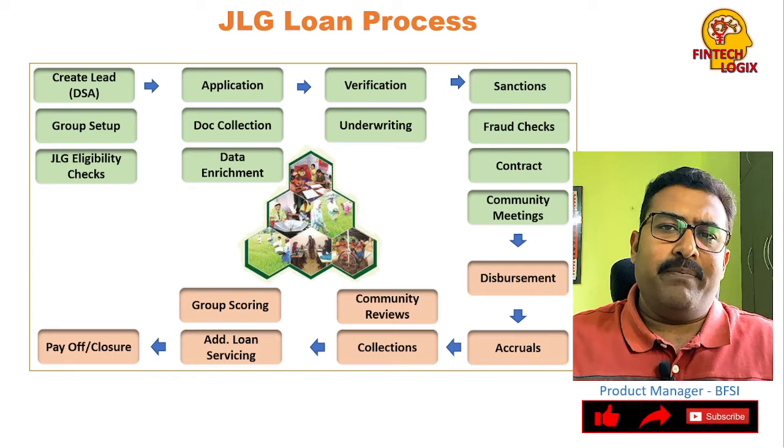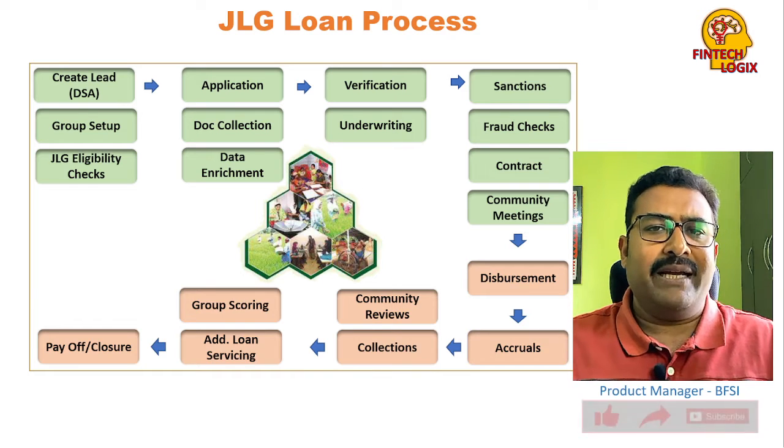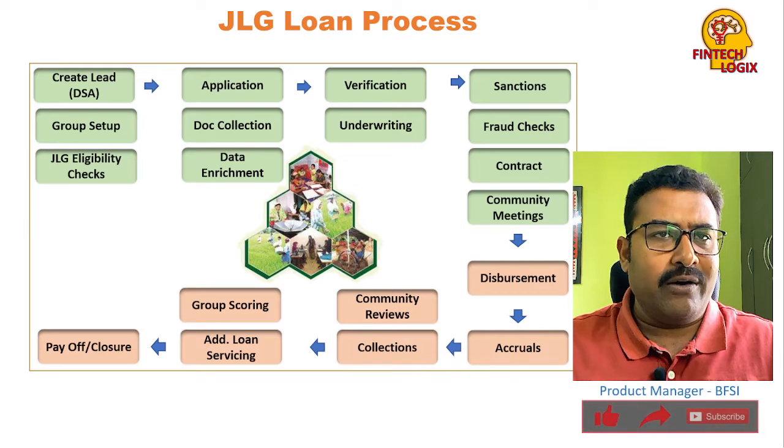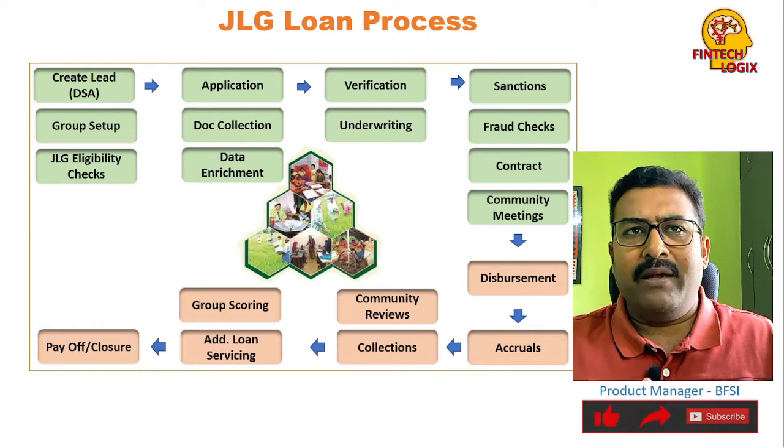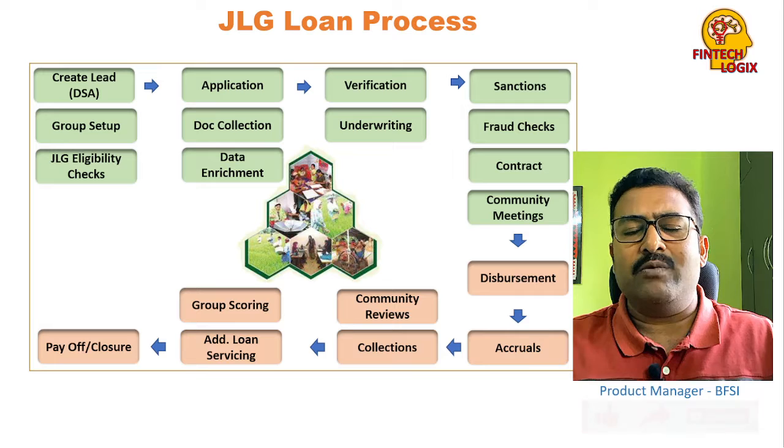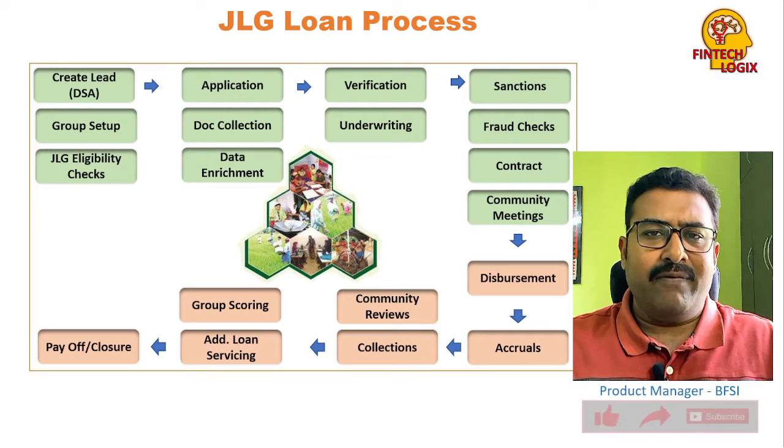So that is why a basic eligibility check is done to understand if a JLG loan can be extended to the entire group. And as per that, we move to the second process, where an application is filed.